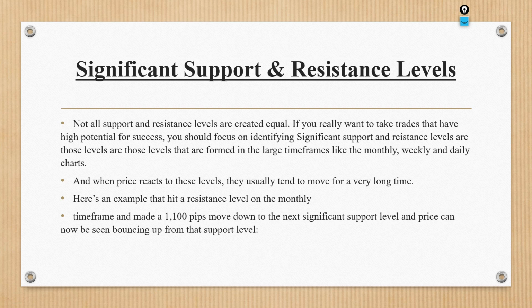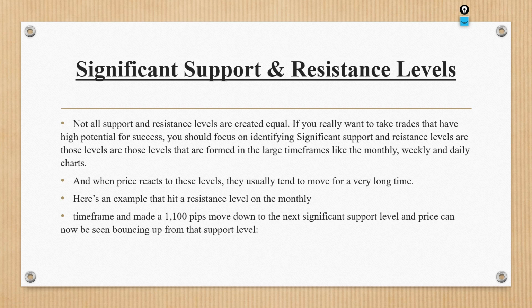Even when it comes to spotting candlesticks, if you spot one on a higher time frame, it is more significant. Let's say, for instance, you spot a reversal candlestick on H4, and another that you spot on H1. The one on H4 is more significant than the one on H1, right? Just like that. And when price reacts to these levels, they usually tend to move for a very long time.